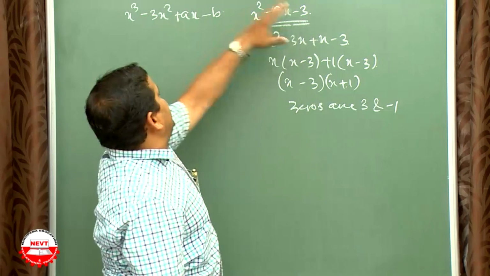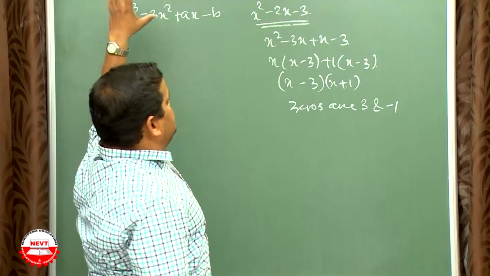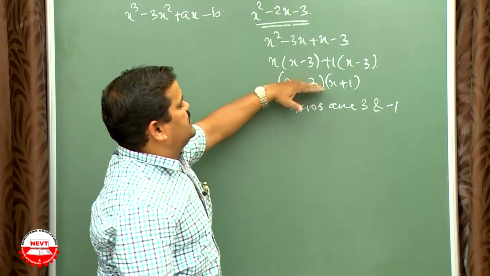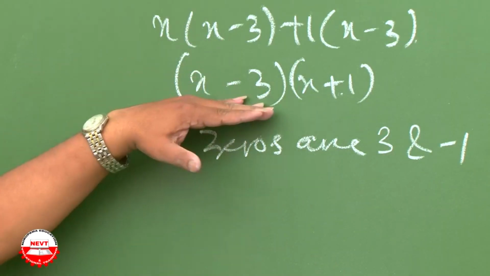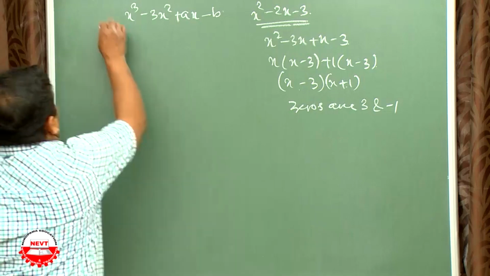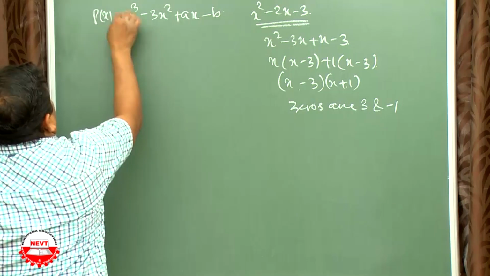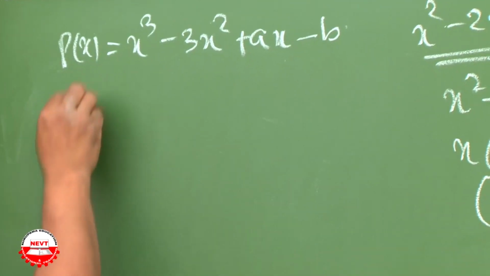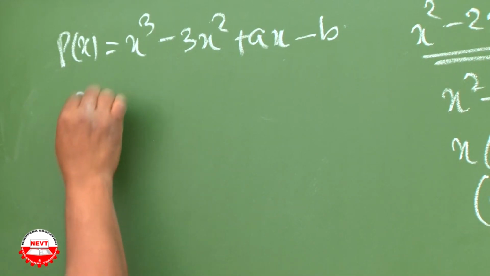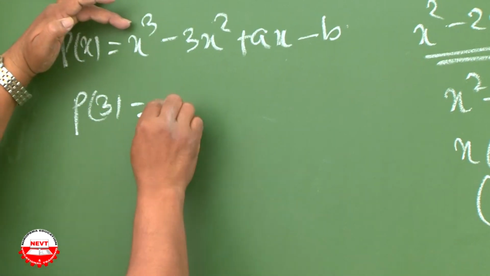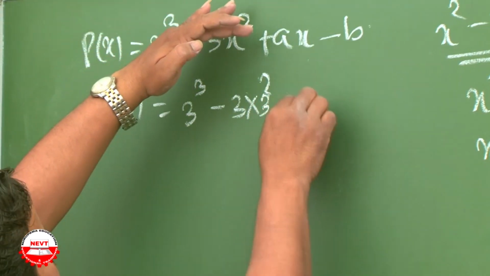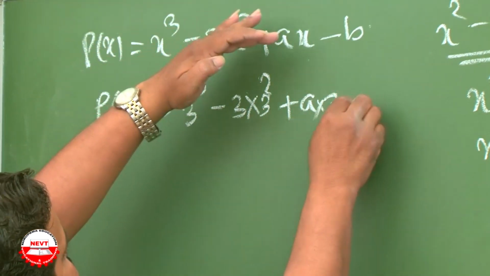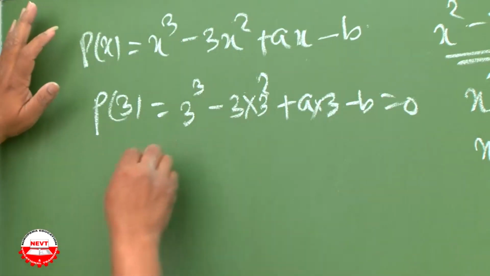As this is a factor of this, that means it is divisible by this and this. So, how to solve this? First, p of 3 is equal to how much? 3 cube minus 3 into 3 square plus a into 3 minus b is equal to 0.